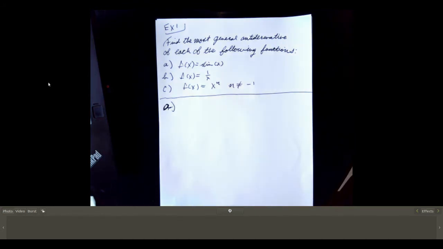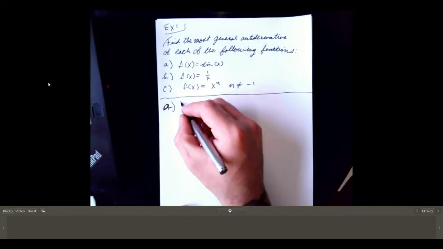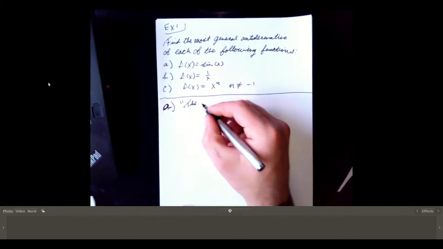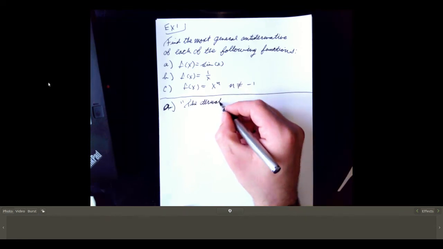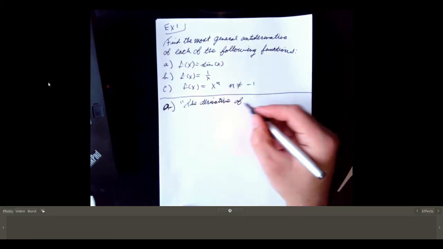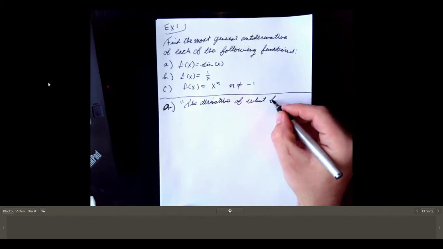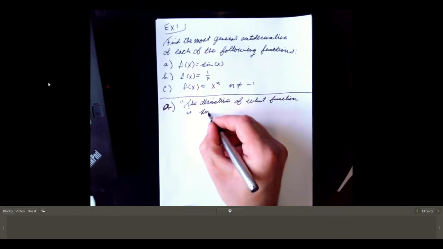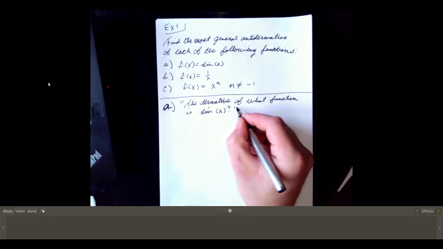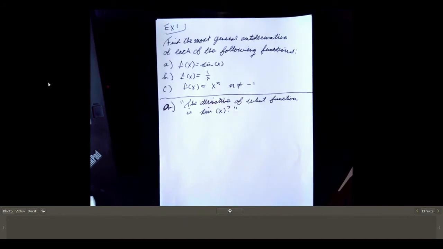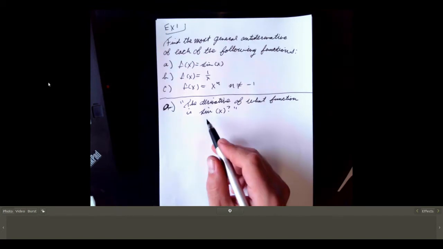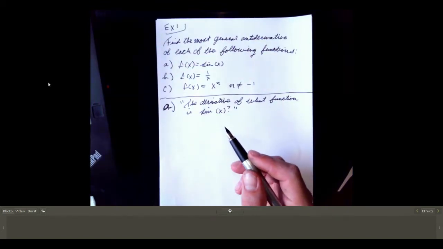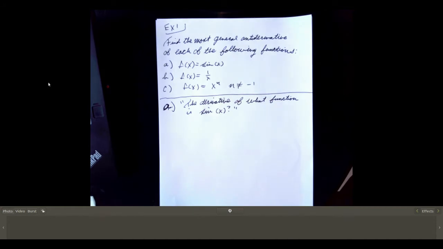So, in coming up with antiderivatives, you really ask yourself, the derivative of what function is sine of x? And then you have to go through your catalog of derivatives you have stored in your mind, and you go, okay, we're dealing with trig stuff. Usually the derivative of a trig function is also a trig function.